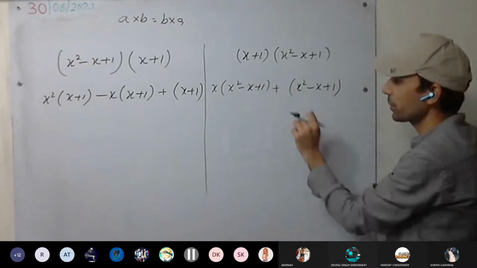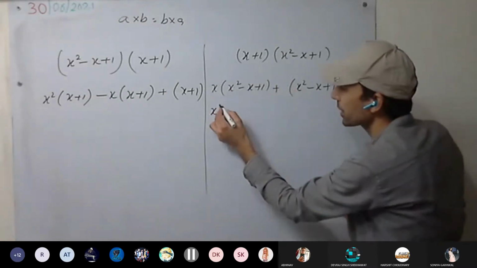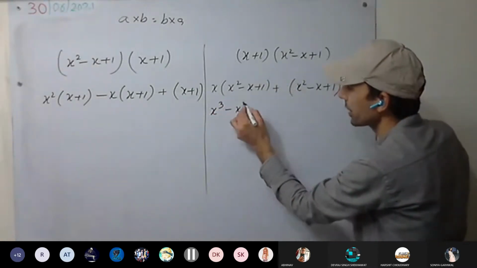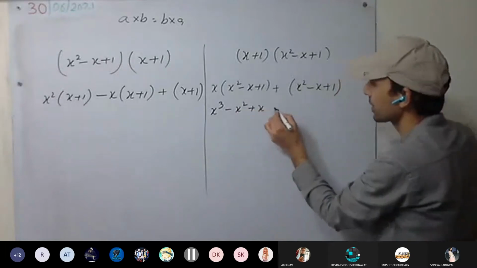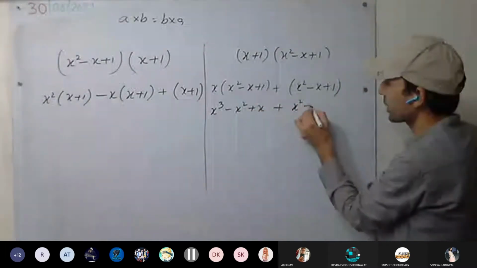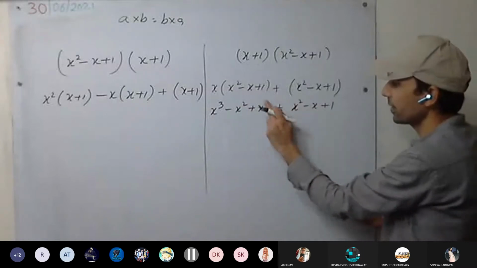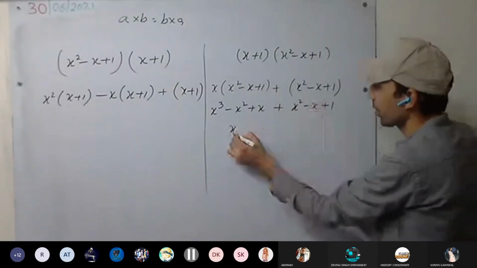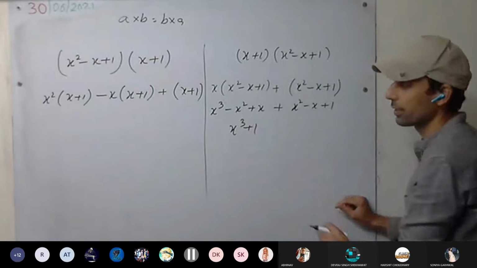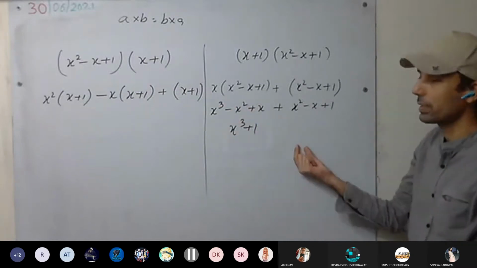It doesn't matter whether we write the 1. Now open this bracket: x cube minus x square plus x square minus x plus 1. Now you can solve. These get cancelled, and you get x cube plus 1. Here as well the same answer.